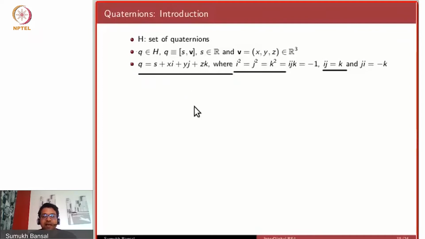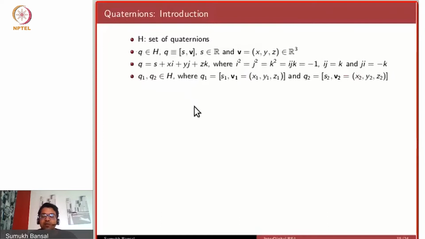Now let's define some operations on the set of quaternions. So let's say that Q1 and Q2 are two quaternions. Q1 is represented by S1 and V1, and Q2 is represented by S2 and V2.